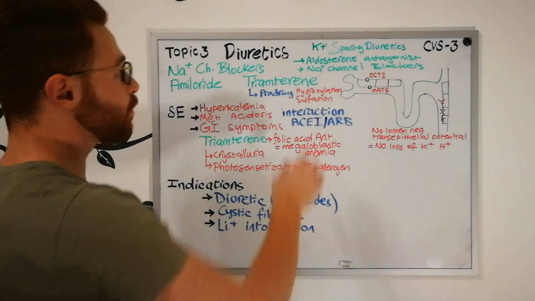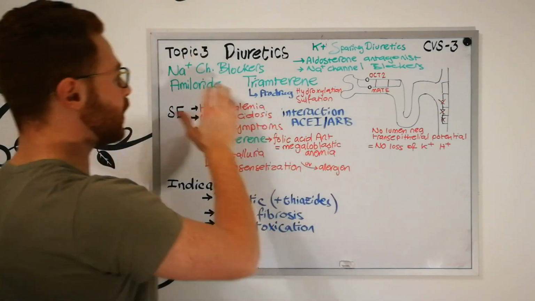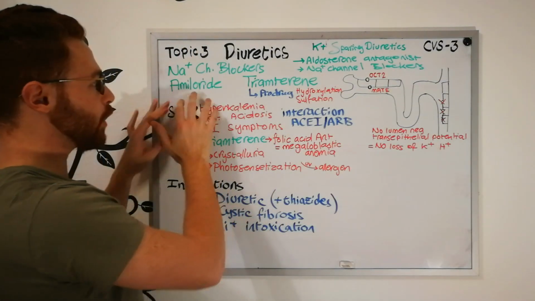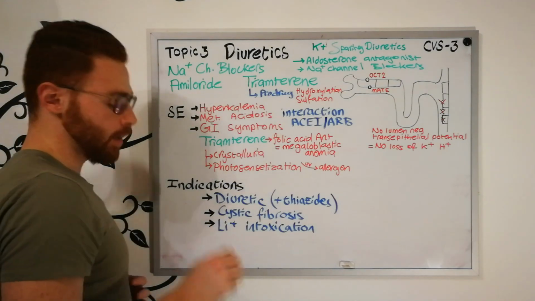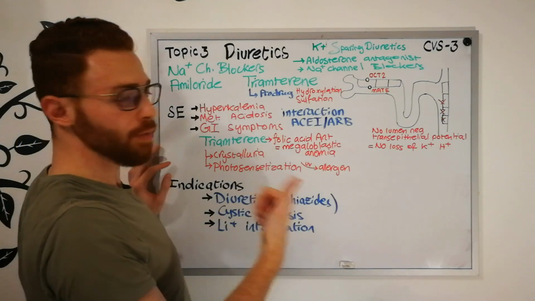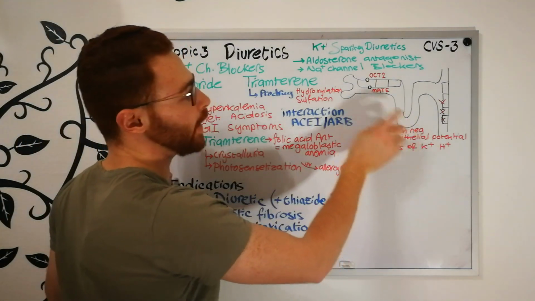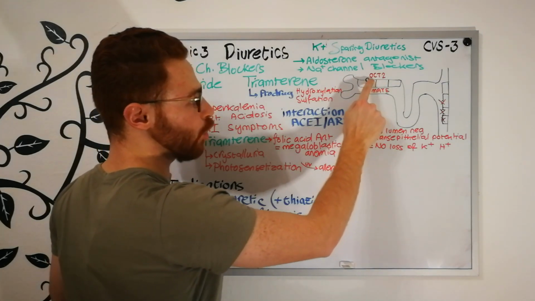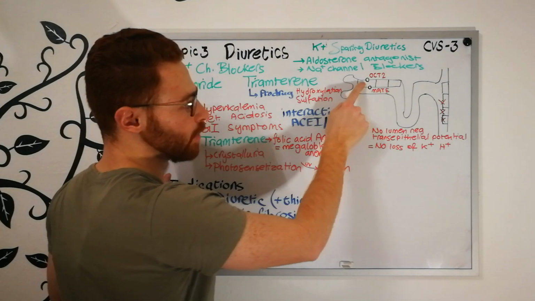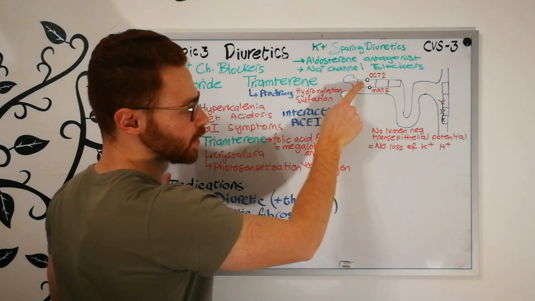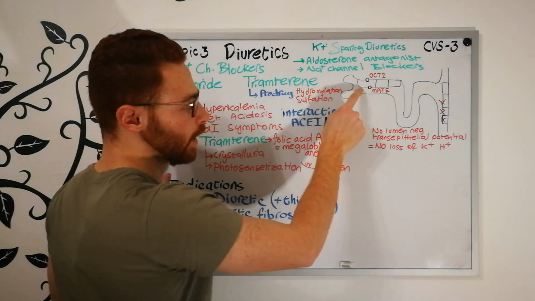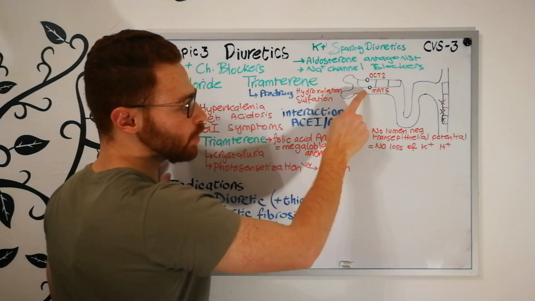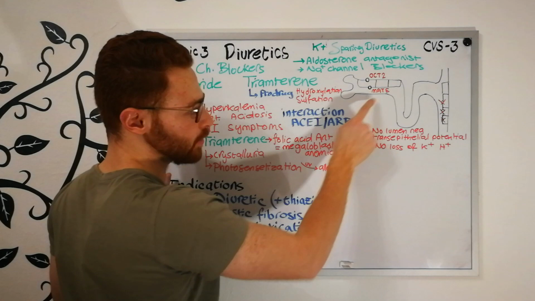So our second potassium sparing diuretics is going to be the sodium channel blockers. Now we have here two drugs, the amiloride and the triamterene. Something special about them is that they reach the site of action through the organic cation transporter 2, OCT2, from the basolateral membrane of the proximal convoluted tubule, and then in the apical membrane they are going to get into the lumen through the MATE transporter.